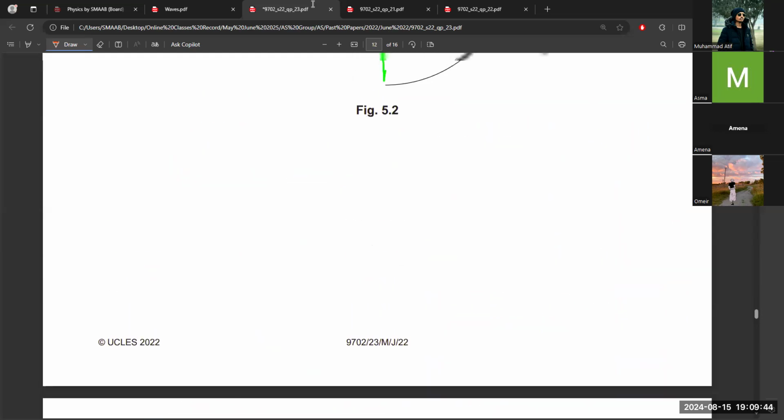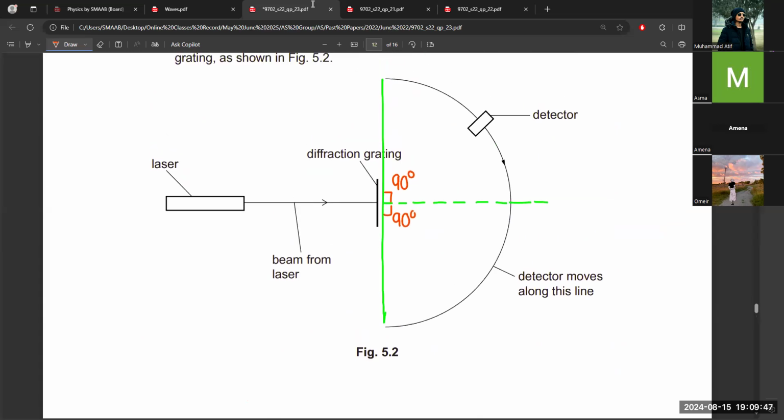So there are 5 bright fringes on one side.